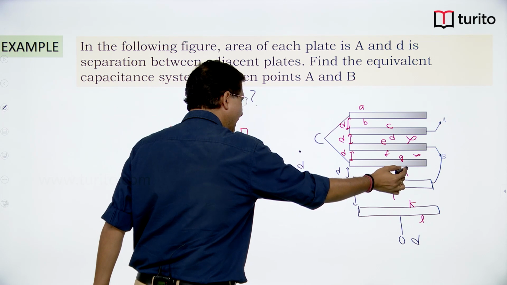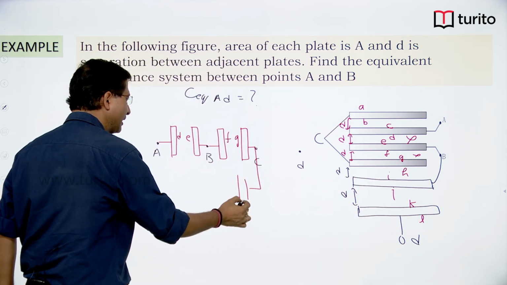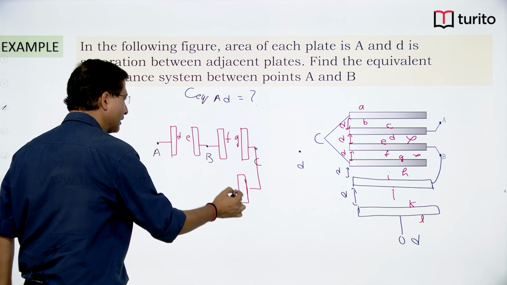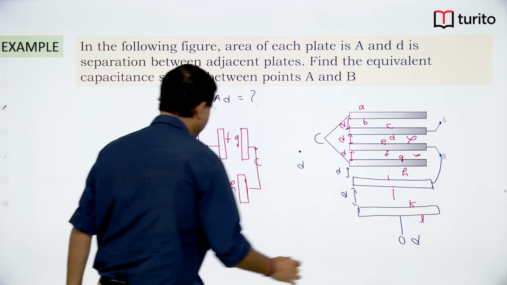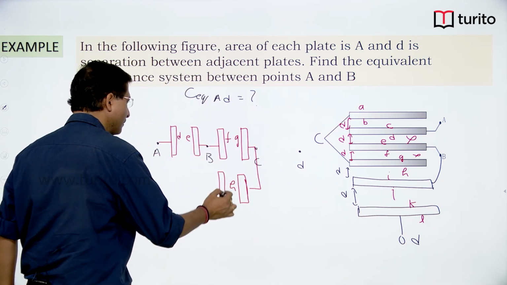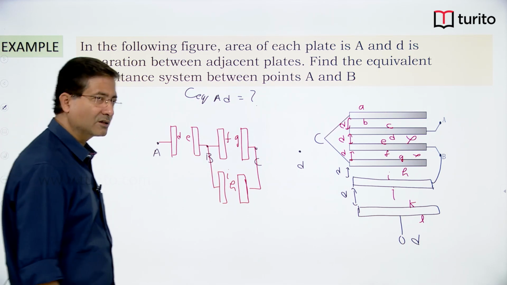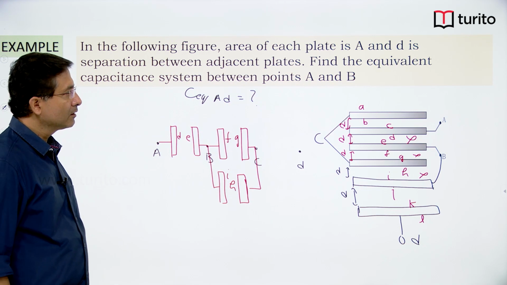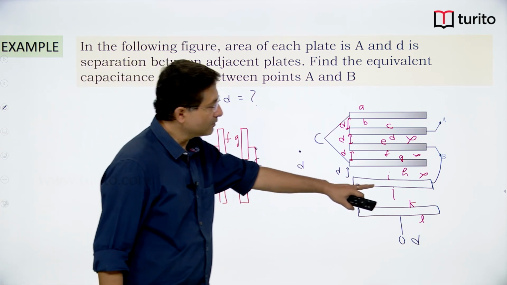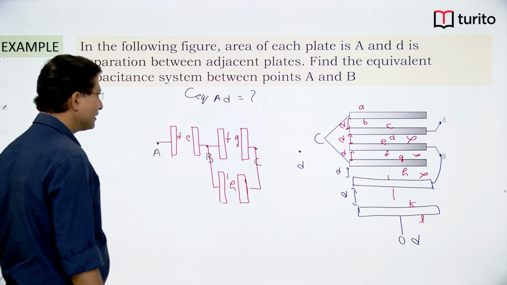C's H surface and B's I. They are connected. So this space is over. Now this one, D and B, D and B.